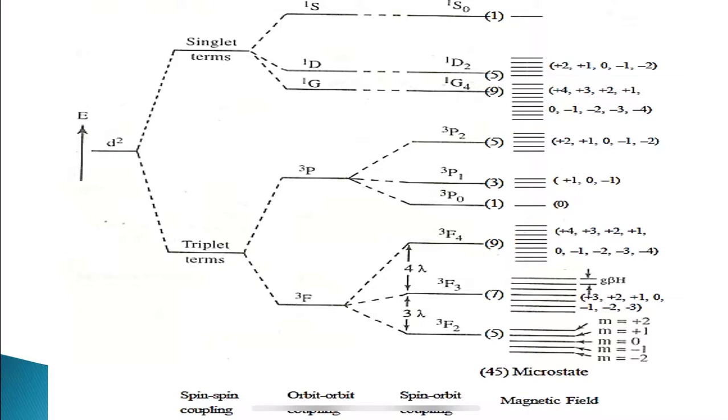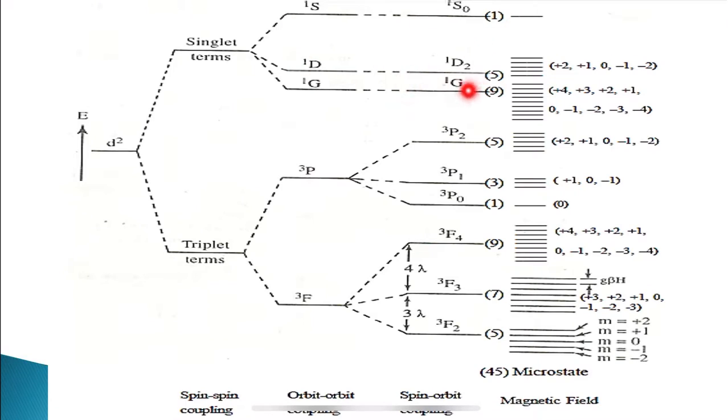Okay. So this is the schematic representation of Russell-Saunders coupling. This figure explains the coupling scheme for d2 ions, where we will see the two possible ways. The two triplet terms, that is 3F and 3P, are represented here, and along with that, the three singlet terms, that is 1G, 1D and 1S, are represented here.